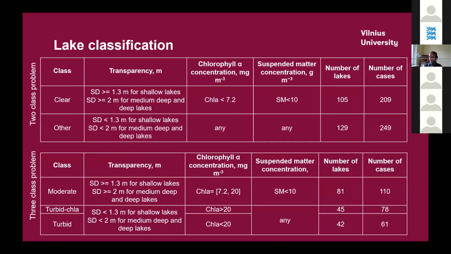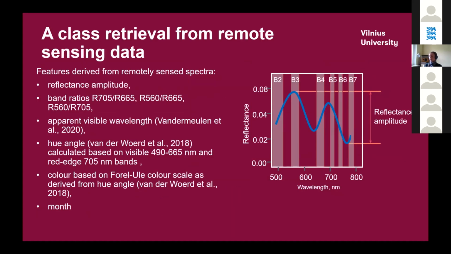To use a machine learning model, we need input features of objects so that we could get a class of an object. So here we tried to use only spectra from remote sensing data from Sentinel-2, and we selected different features from spectra. We took the reflectance amplitude, we calculated some band ratios, and we also used several parameters that can be derived from several bands.